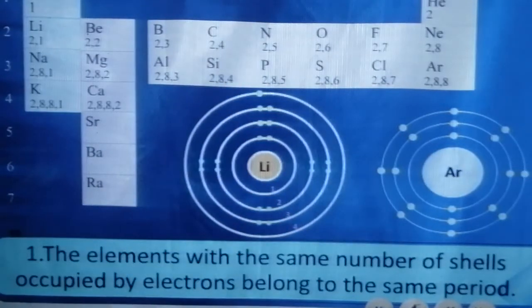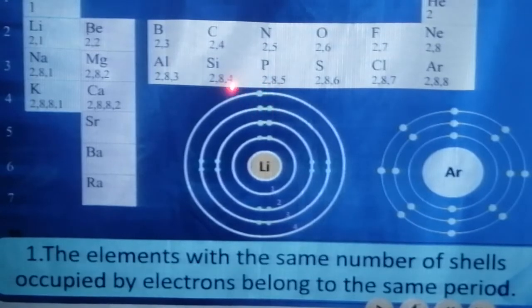Periods and electronic configuration. The elements with the same number of shells occupied by electrons belong to the same period. Like lithium: first orbit 2 electrons, second orbit 8 electrons, third orbit 8 electrons, and the last orbit, the fourth orbit, has 1 electron.